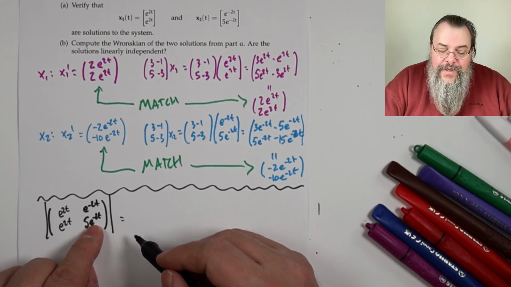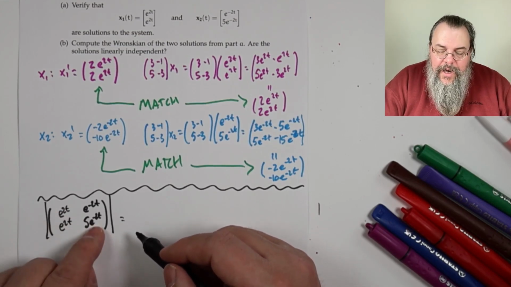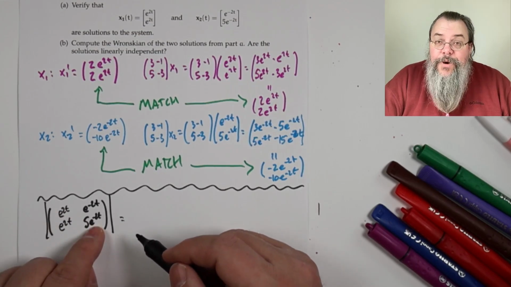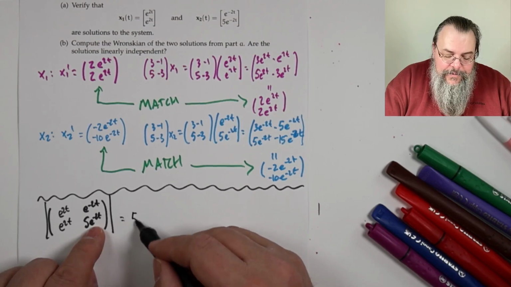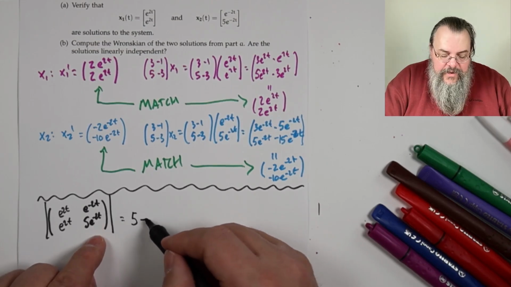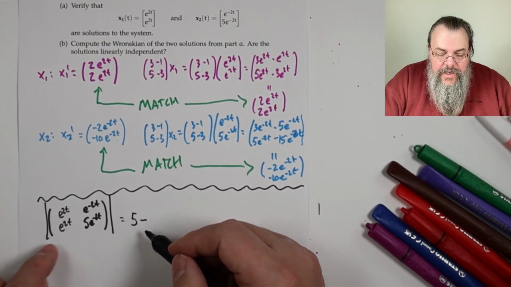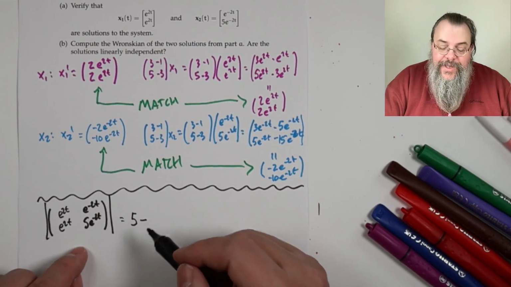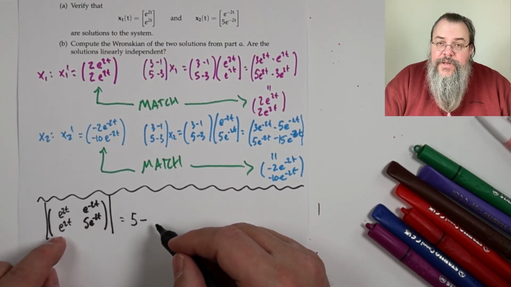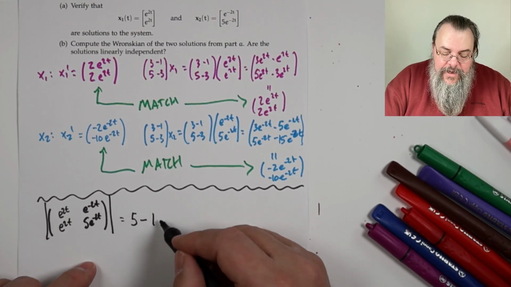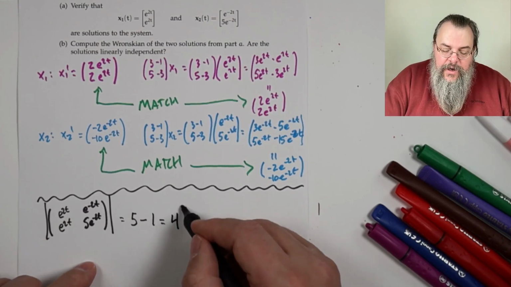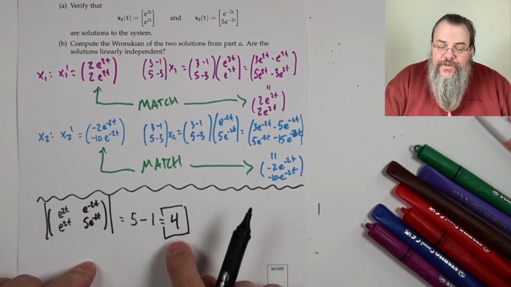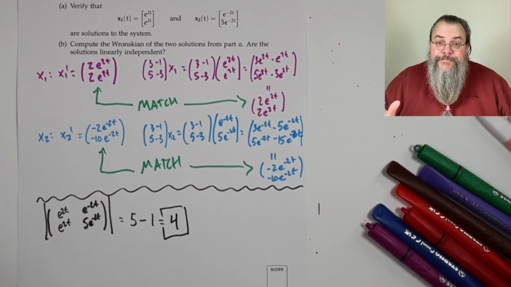The e to the 2t and e to the minus 2t become 1, so really we have 5. Subtract, go this direction: e to the 2t times e to the minus 2t is just 1. So 5 minus 1, which is 4. That is the Wronskian, 4.